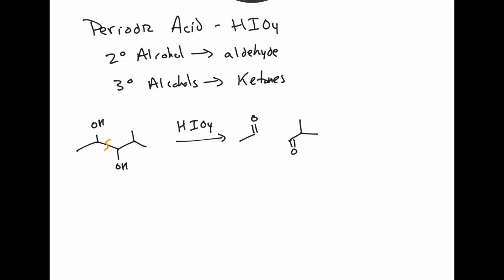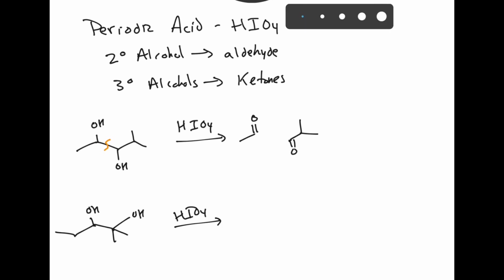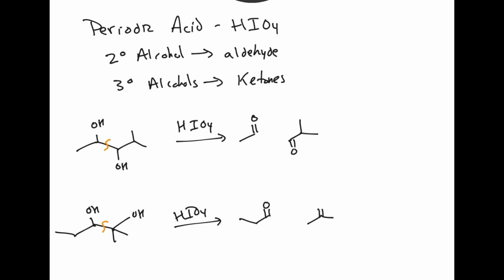And you make two aldehydes. Here I have a secondary alcohol and a tertiary alcohol. I break the carbon-carbon bond between them and then oxidize each alcohol one time to make an aldehyde and a ketone.